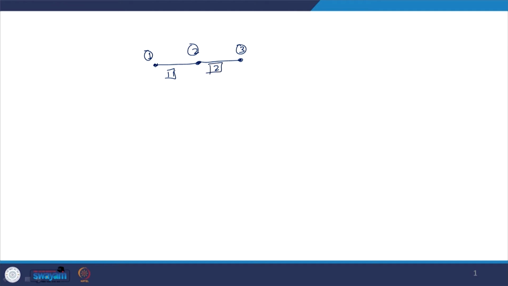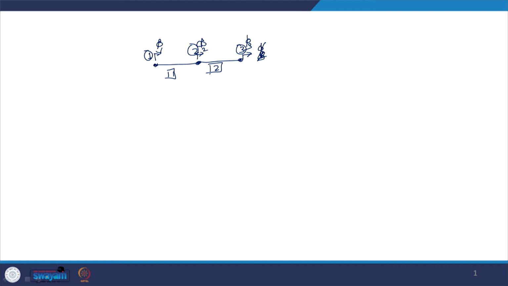So, element number 1 is defined by the interpolation between phi 1 and phi 2, and the interpolation between phi 2 and phi 3 defines the variation within element number 2.